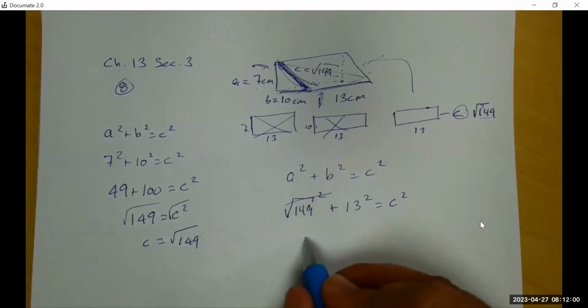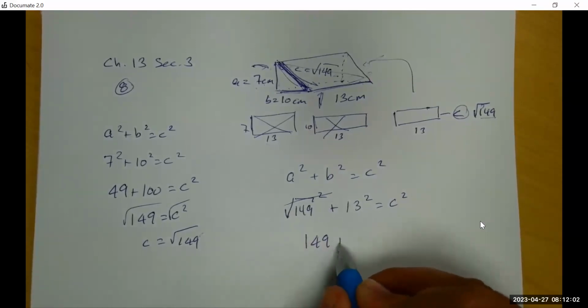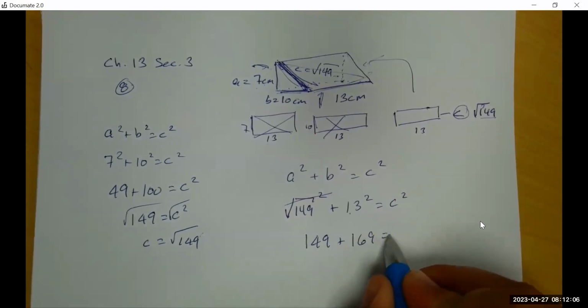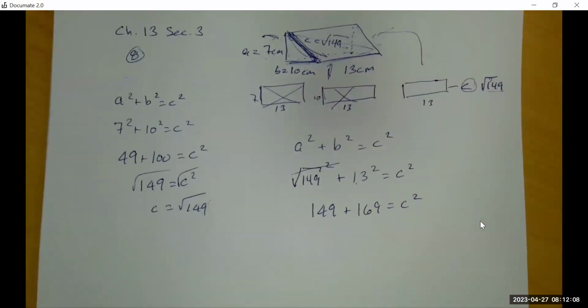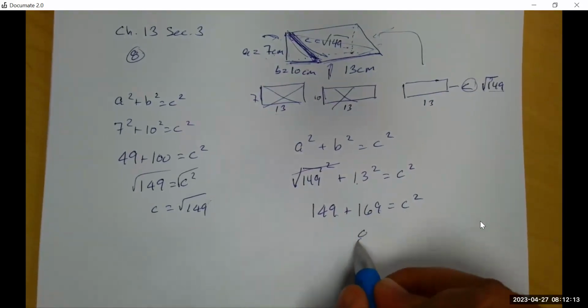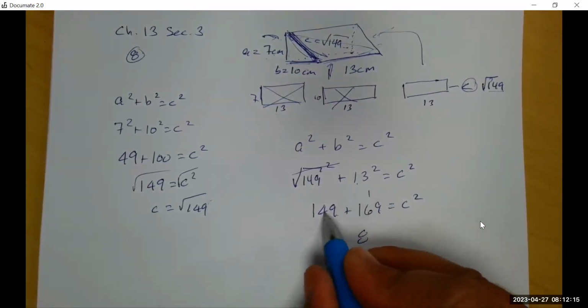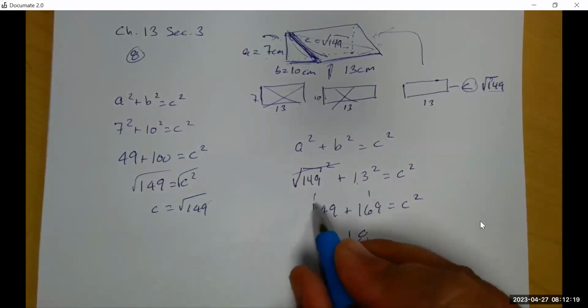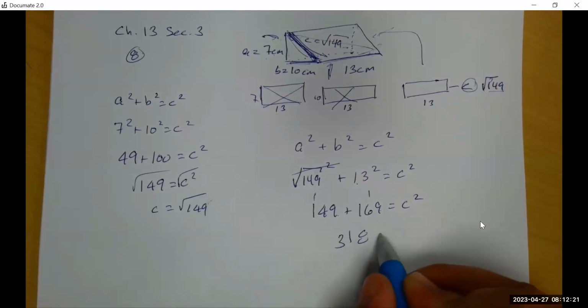So the square root and square cancel, so it's 149. 13 times 13 is 169. C squared. 9 plus 9 is 18. 6 plus 4 is 10. Plus 1 is 11. 1 plus 1 plus 1 is 3.